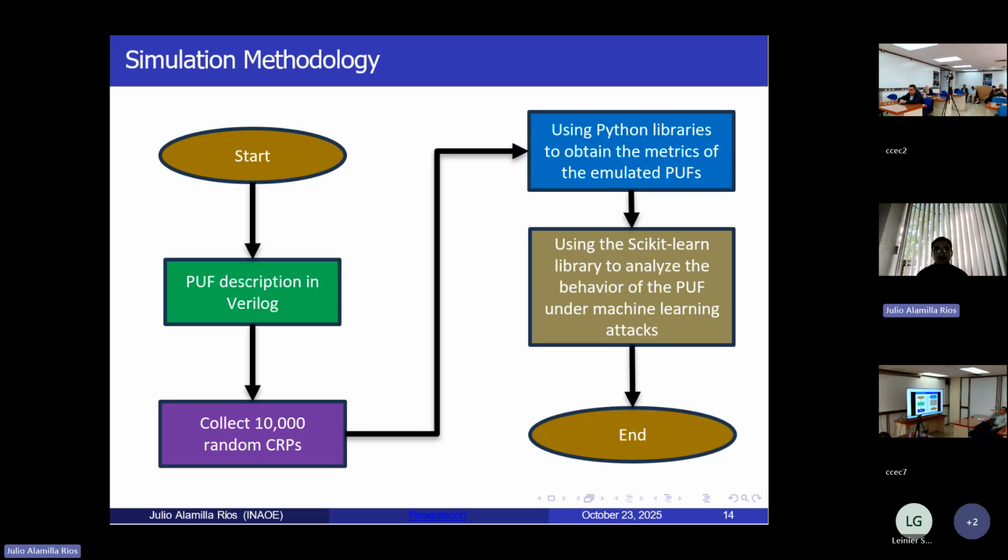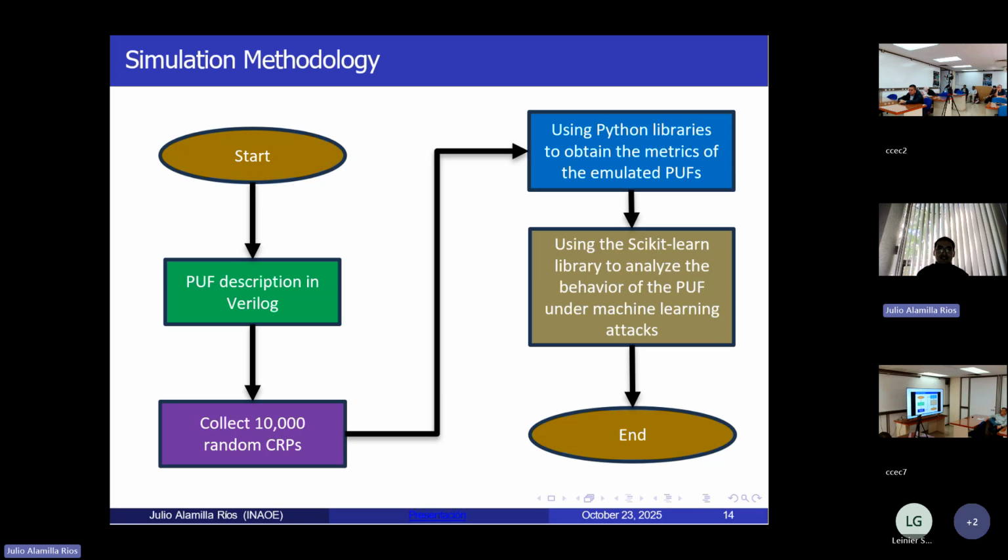The four PUF architectures were described in Verilog, using a test bench that controlled both the generation of challenges and delay variations. A total of 10,000 random 64-bit challenges were applied, generated with the random command and a fixed seed to ensure reproducibility.